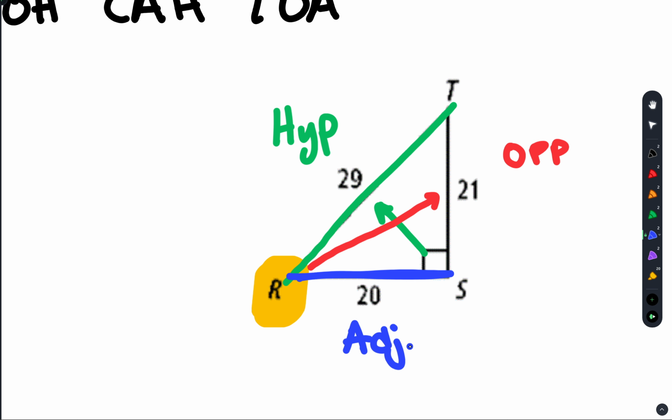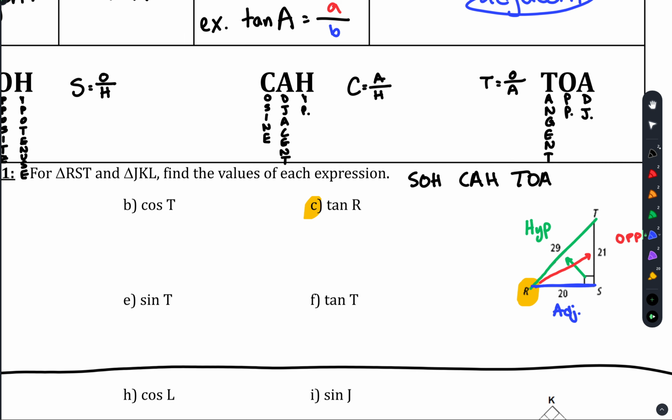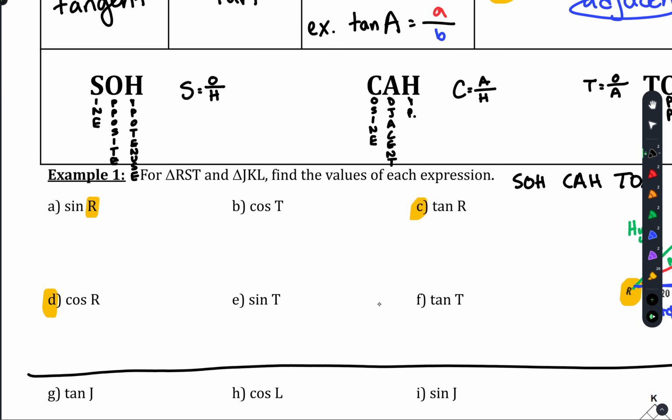So it is very important that we make sure we're looking at the correct angle first. Okay, so for these problems in your homework, you're going to do the exact same thing. All we are going to do is set up this fraction and simplify if we can.